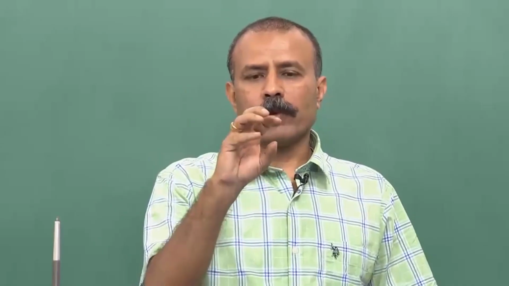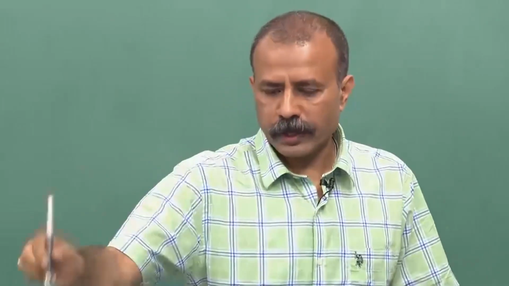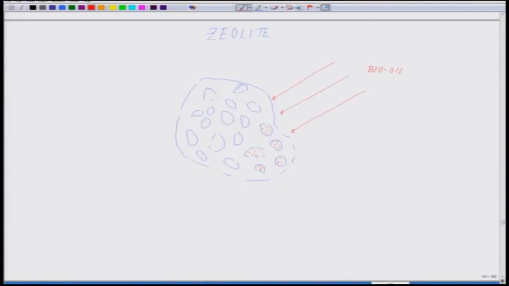It is a strategy which is also followed when people do reverse micelle synthesis. When they make nanoparticles, they try to make micellar structures. It is just an analogy I am using for you. When people do reverse micelle and those kinds of synthesis, you have these micellar structures. Micelles are basically hydrophobic structures.